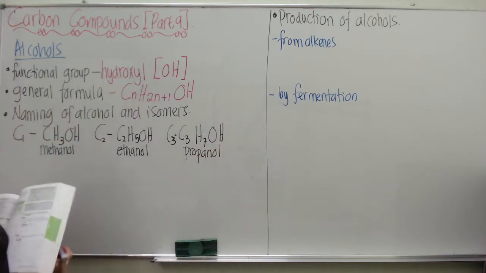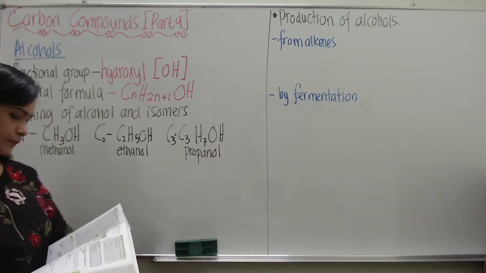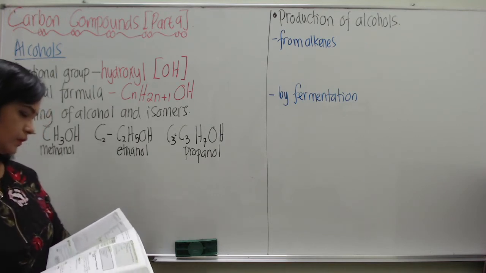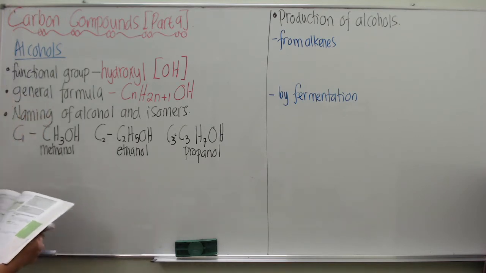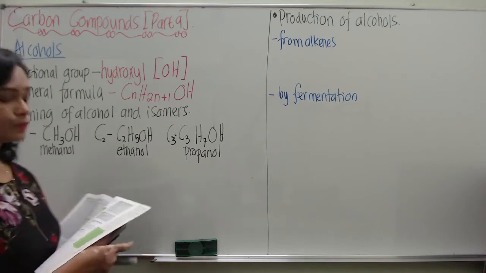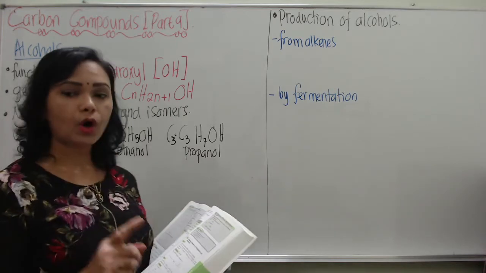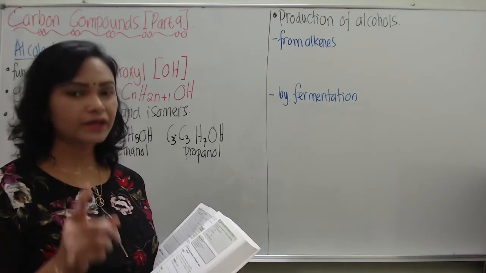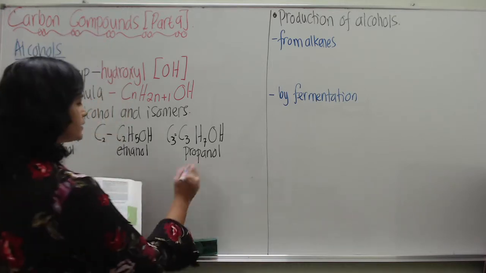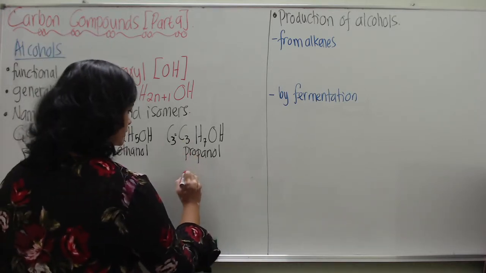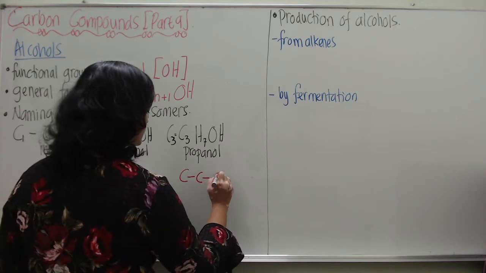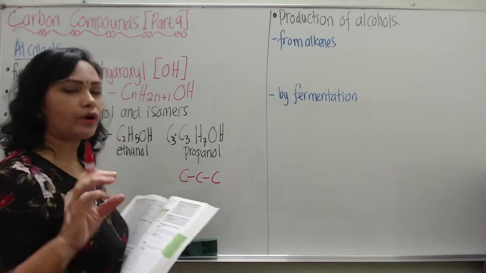Now let's go to the isomers of propanol. Isomers of alcohol start from propanol. When you are doing the molecular formula, here the teacher highlights the OH.